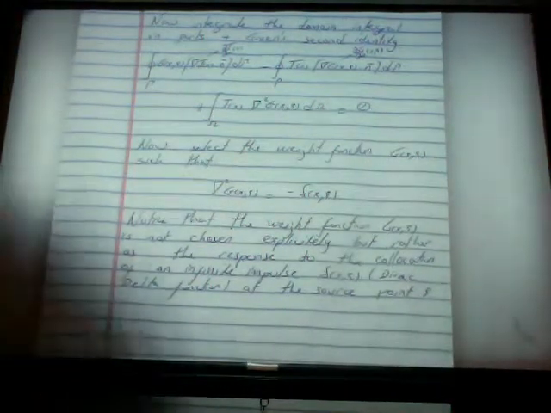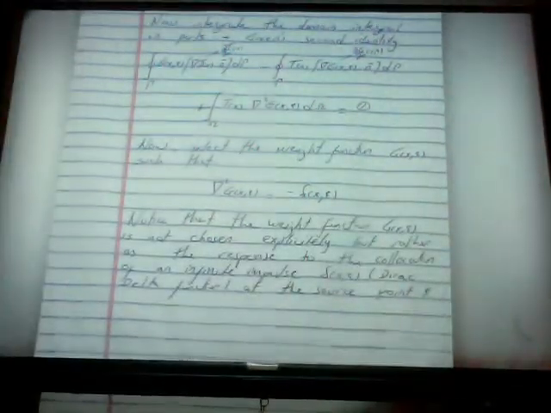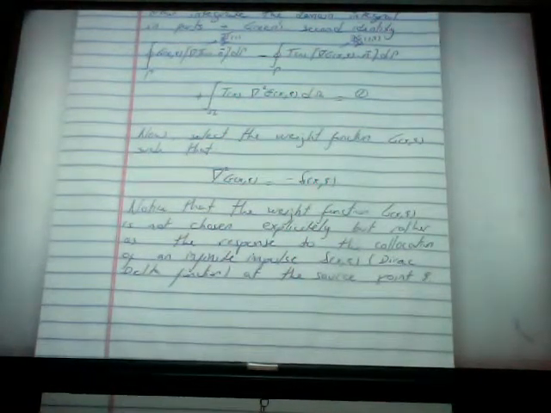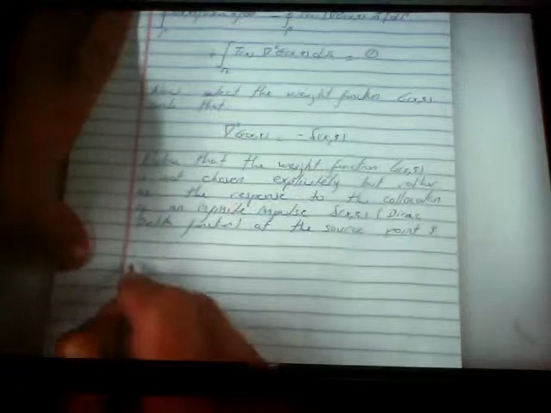Alright? And the negative sign is there for a reason, I'm going to tell you later, but it doesn't matter. You can make it positive or negative, you just end up with a plus or minus sign somewhere else.